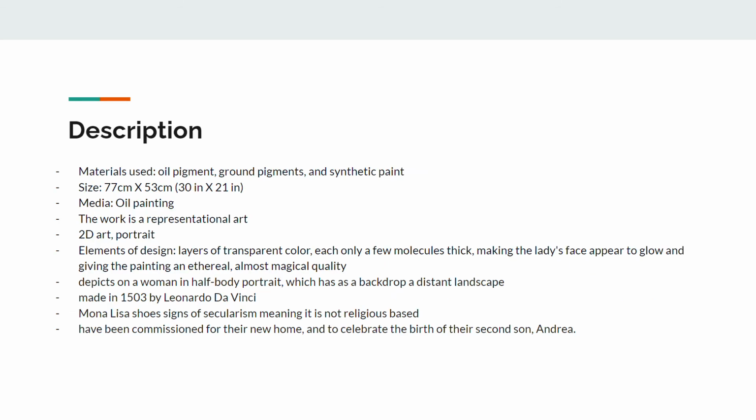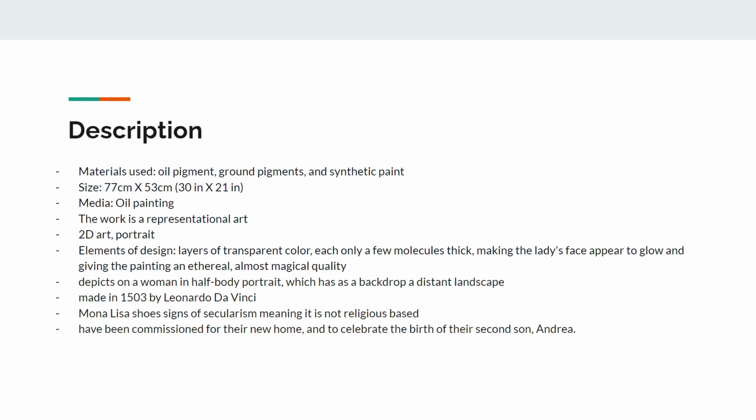So some of the materials he used are oil pigment, which is a type of pigment that has a lot of oil in it, just like pastels, for instance. Ground pigments, which are pigments created using natural resources, like beets and maybe grass. And synthetic paint is just like normal paint, pretty much paint that has a certain mood or tone to it.